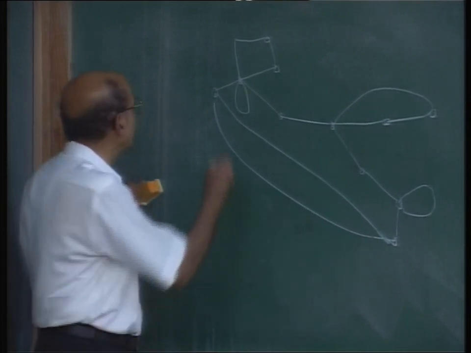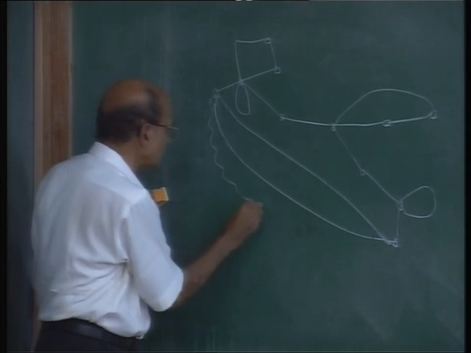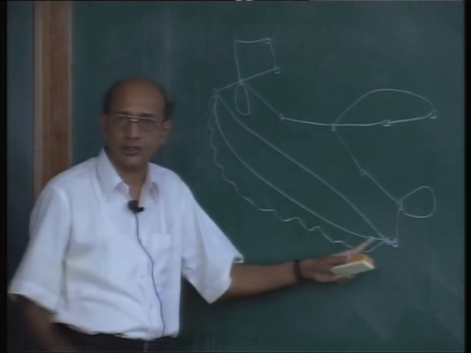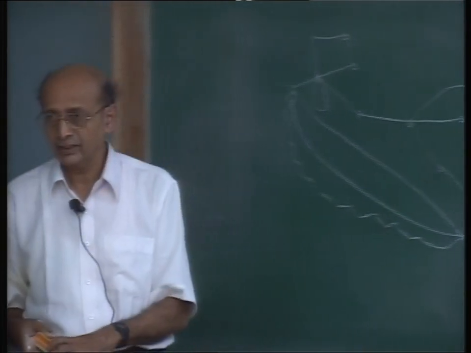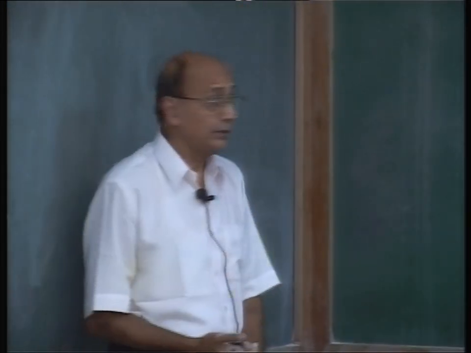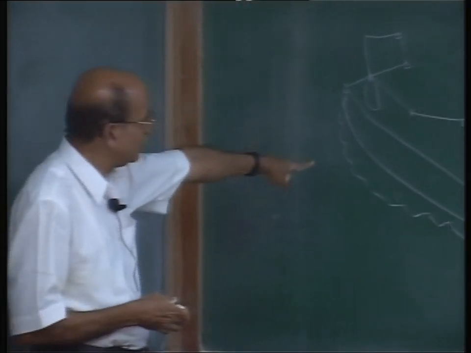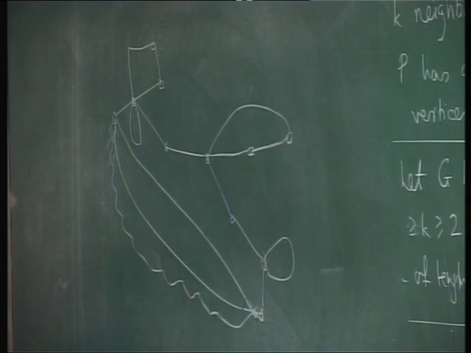If they are odd vertices, join them by adding an extra edge like this. Multiple edges are perfectly all right. By doing this, this is connected and each vertex has even degree. Therefore, this has an Eulerian circuit. Because once you have an Eulerian circuit, you can begin at any vertex and end at the same vertex.